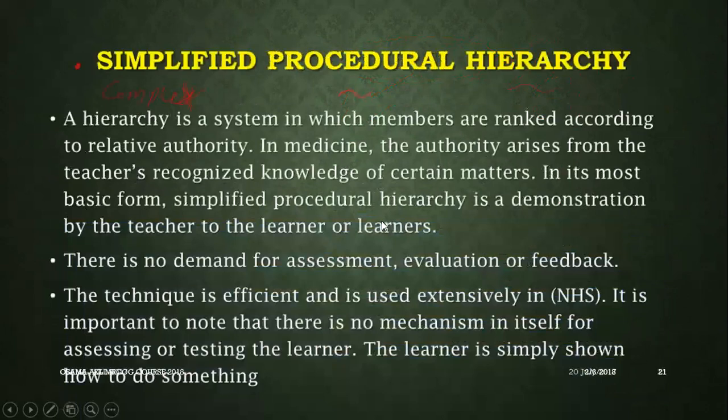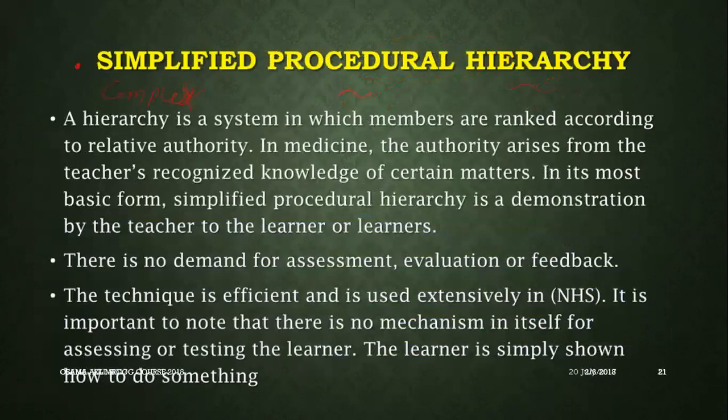The difference between simplified and complex hierarchy is whether you will give feedback and you will see the student doing this method, and then you will allow this student to do this procedure and also to teach this procedure to others.